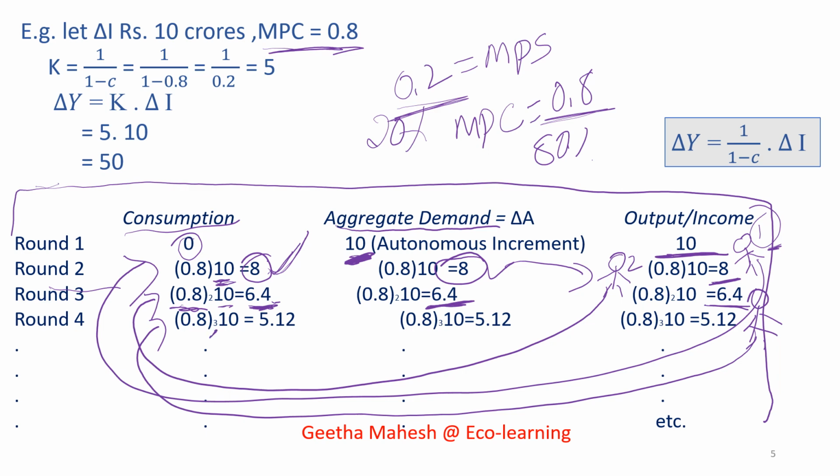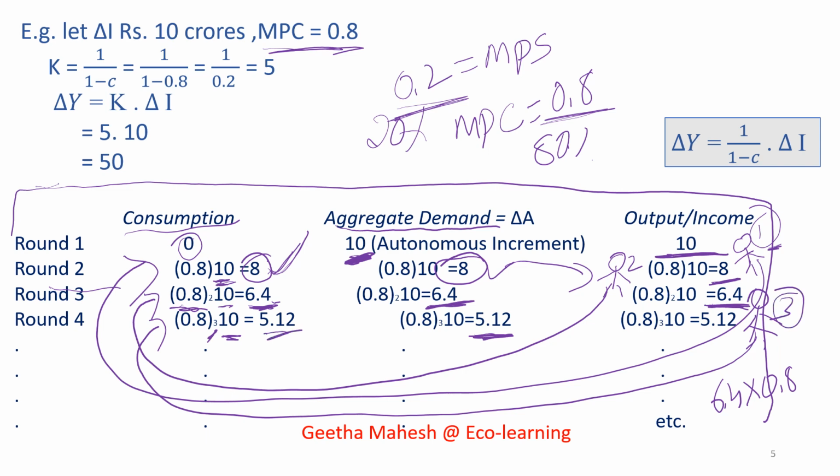You multiply by 0.8 three times with 10, or directly you can multiply 6.4 into 0.8. Then you will get a value of 5.12. 5.12 crores is going to be spent by this third person.